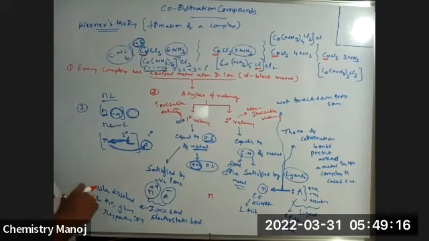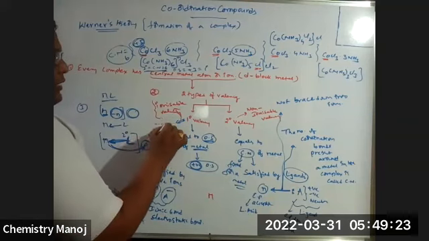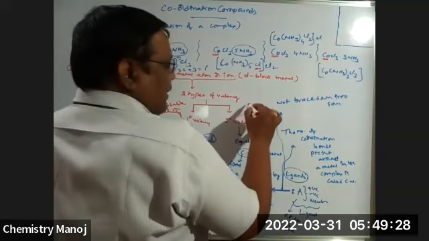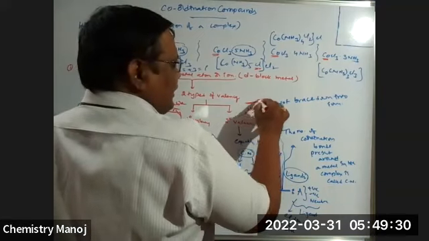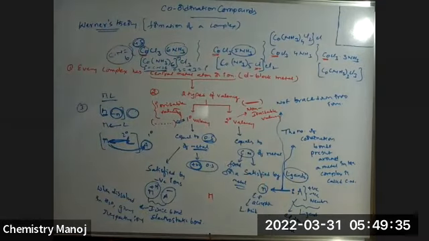While writing the structures, ionizable valency is indicated with dotted lines. Wherever dotted lines are there in the structures, that is ionizable valency. Non-ionizable valency is indicated with solid, thick lines while drawing the structures. Clear?